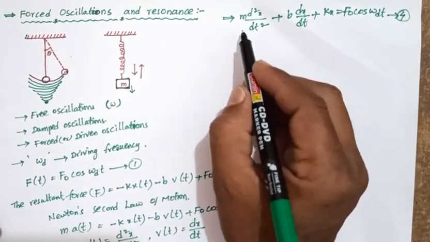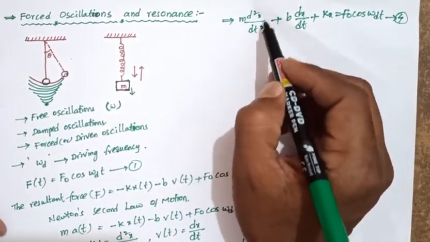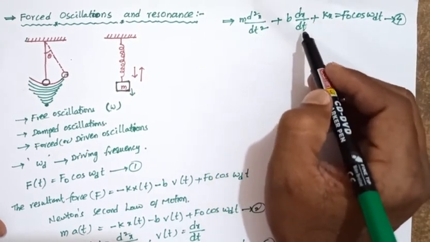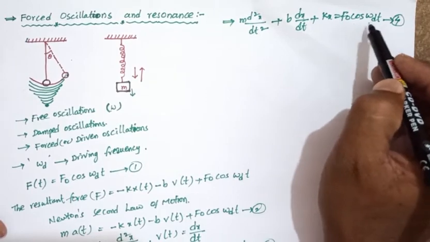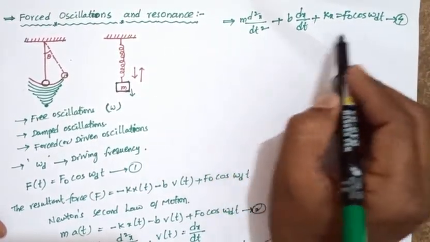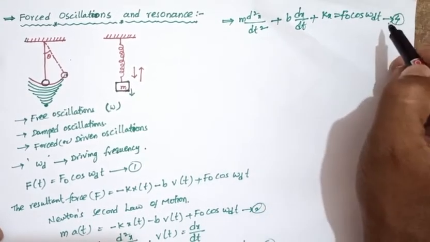So this equation consists of m d square x by dt square plus b dx by dt plus k x equals F naught cos omega d t. This is a periodic motion, varying with respect to time.